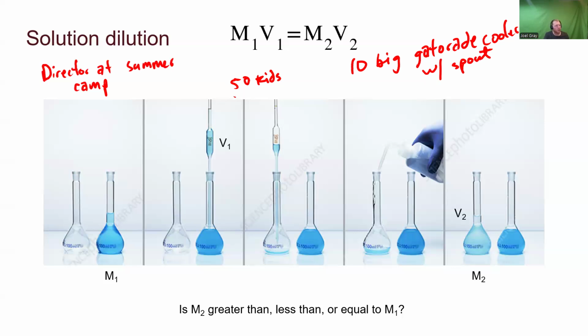All these 50 kids, I've got my numbers. If I have 10 of those, then basically each one of those coolers serves 5 kids. Okay, that's a good ratio. Now, let's imagine that we want all those kids, when they go to those coolers, to taste Gatorade and be like, yeah, this tastes like Gatorade.